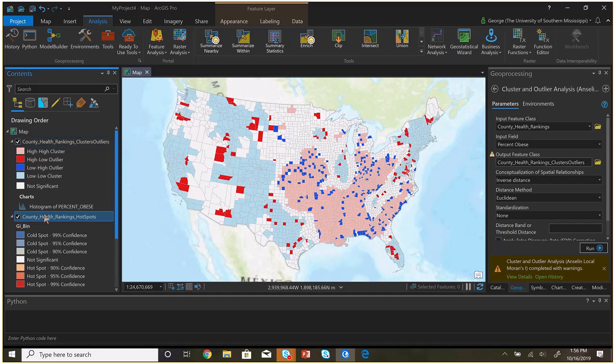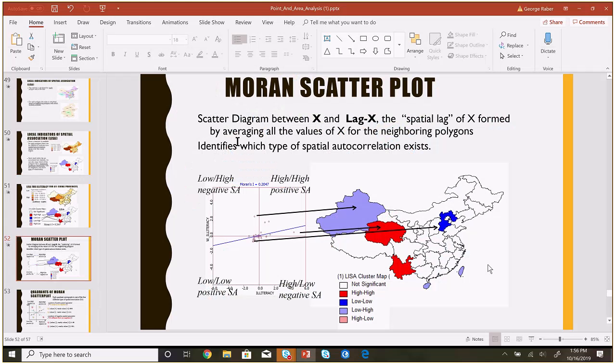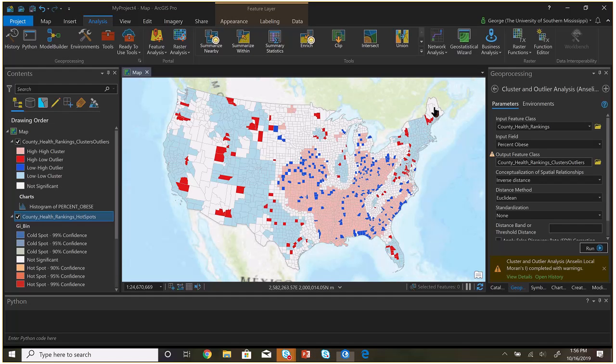All right. The highest value has a higher level of confidence than the ones in the white. The white has no significance. So this is actually the one that I was just discussing here. Local Moran's I is what this is called. See, local Moran's I. This is it.